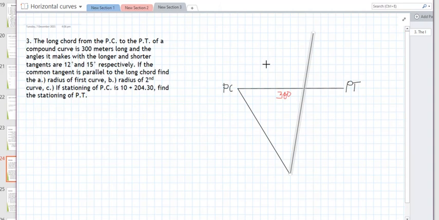So the common tangent is parallel to the long chord. So okay.